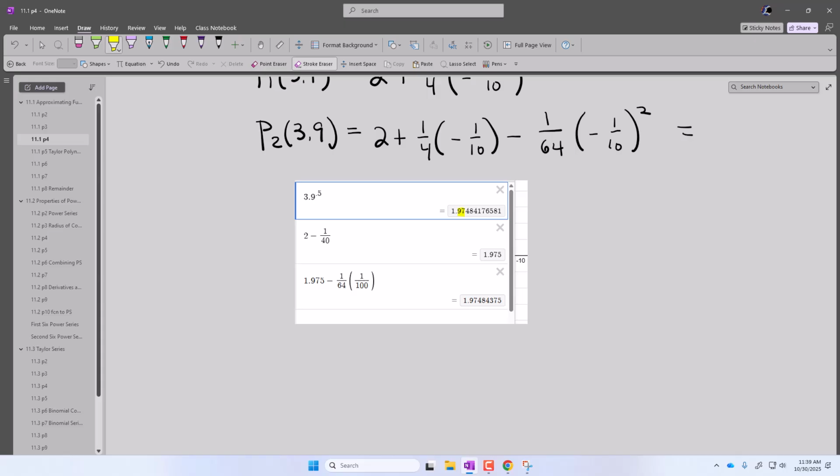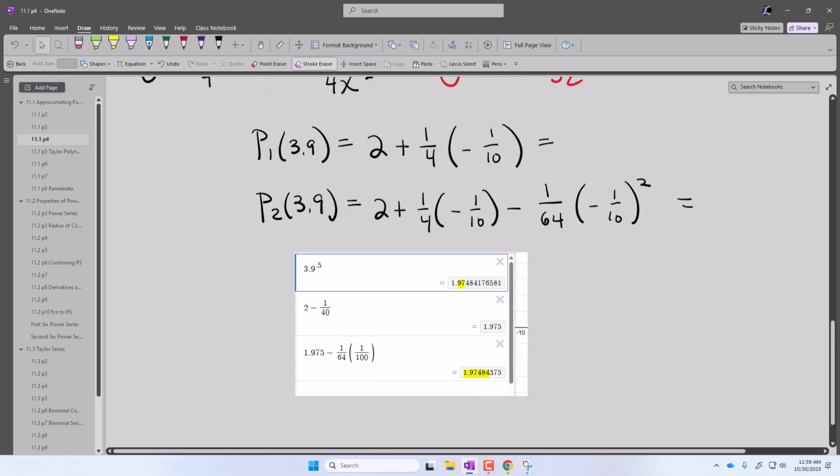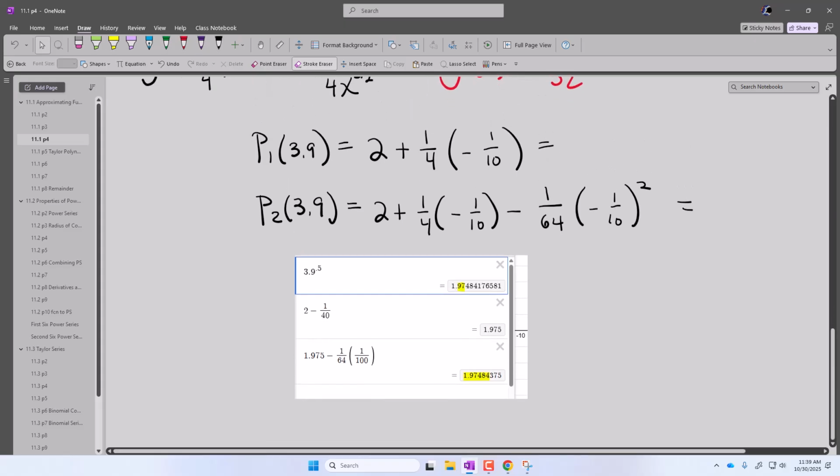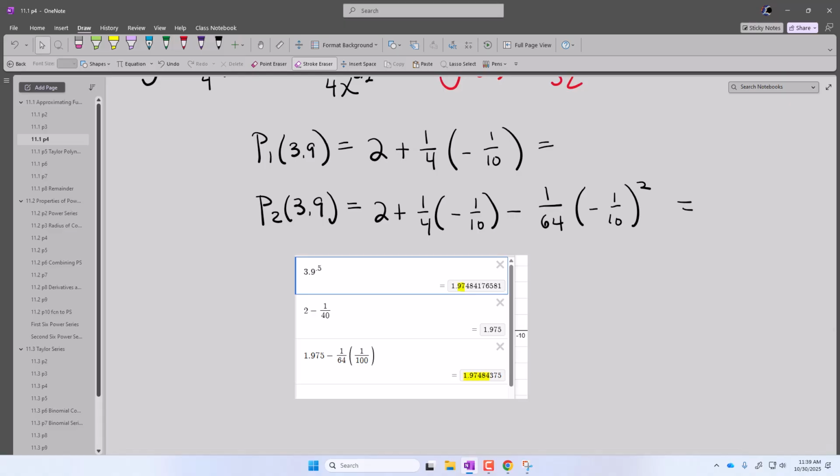Oh my gosh, yeah, way out there. So usually, if you have the right series, it converges quite fast. And you can imagine a calculator can do these computations, adding, subtracting, multiplying powers really easily. And so that's what the calculator is going to do.